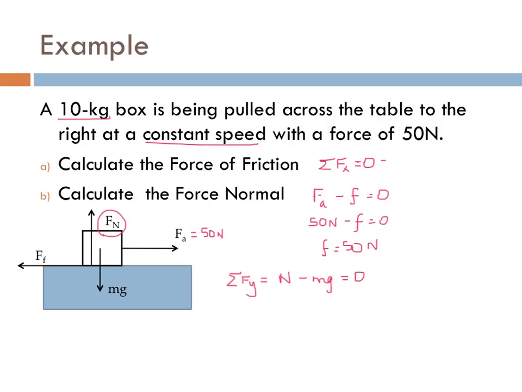So, if 10 kilograms is our mass, well then mg becomes 10 times, and here I'm going to go ahead and use 10 for gravity to make our numbers a little easier. So we get 100 newtons as our force. So if I want to get normal force by itself, then our normal force is equal to my force of gravity, or 100 newtons.